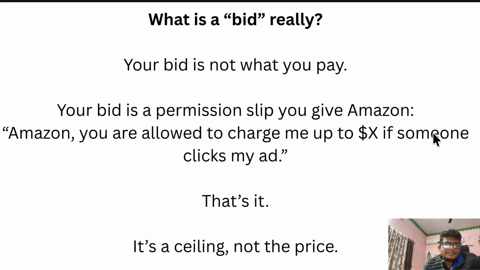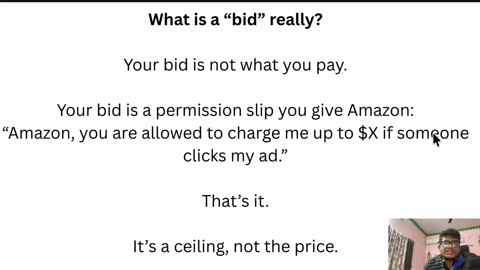So what is a bid really? The bid is not what you pay. Your bid is a permission slip you give Amazon: "Hey Amazon, you are allowed to charge me up to X dollars if someone clicks on my ad." So you just give the ceiling, not the price.